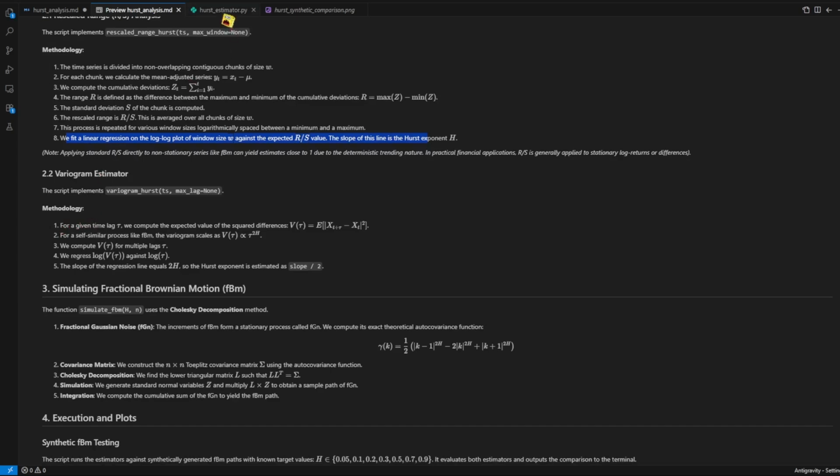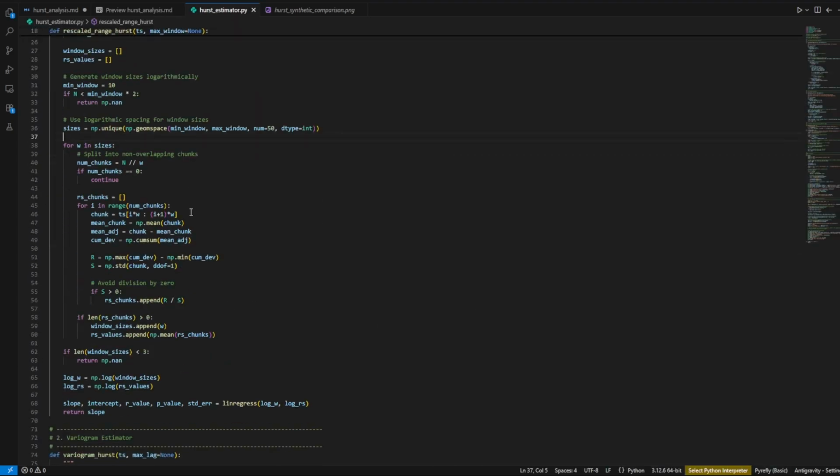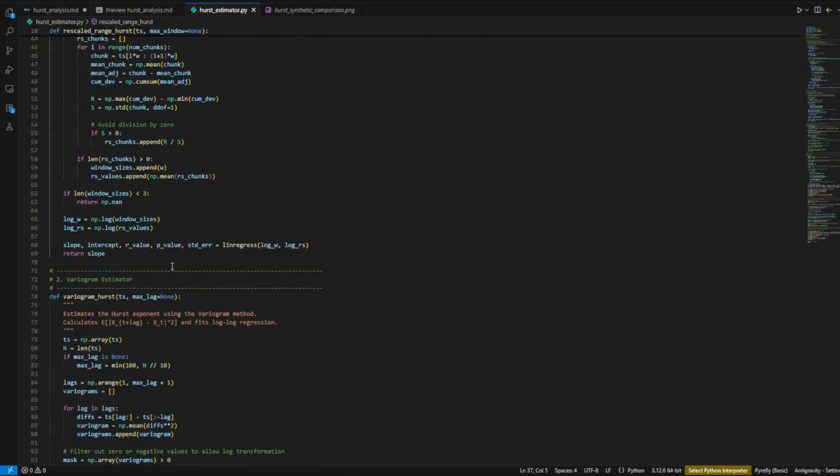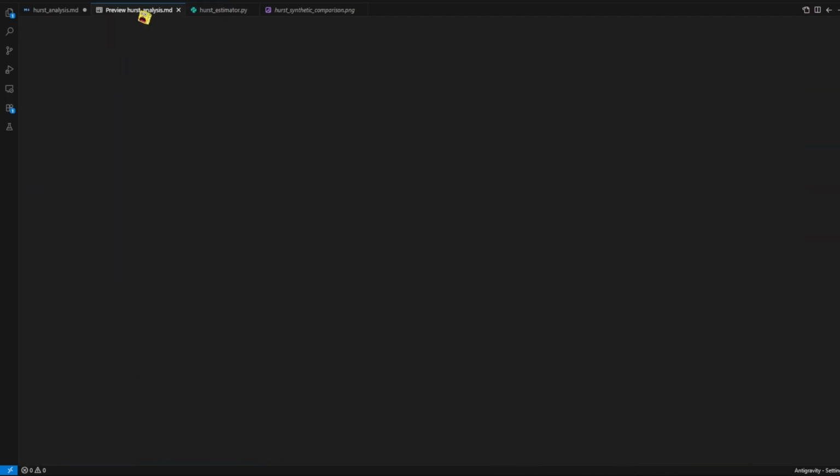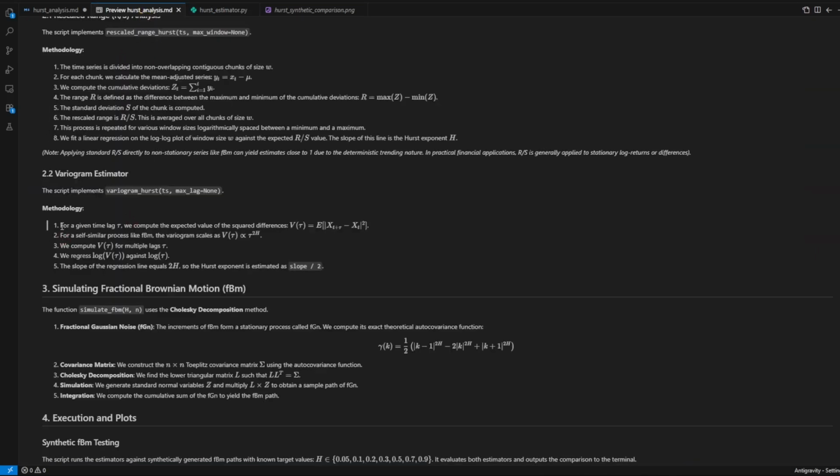And next we have the variogram estimator. For a given time lag, we compute the expected value of the squared difference, so xt plus the time lag minus xt, squared.